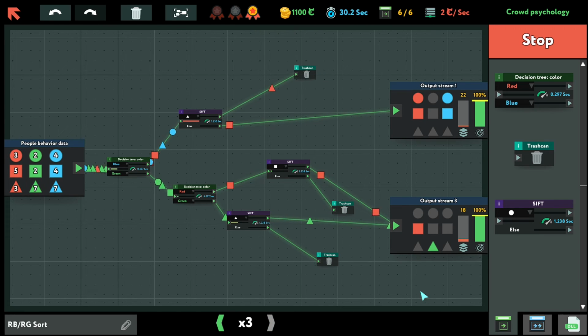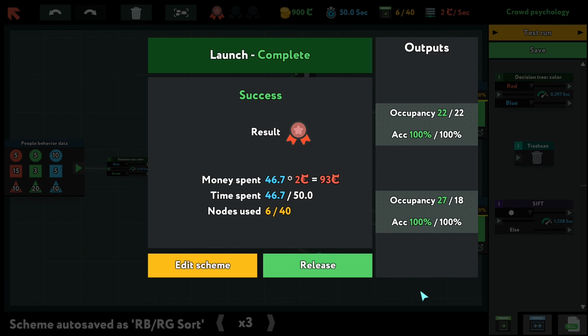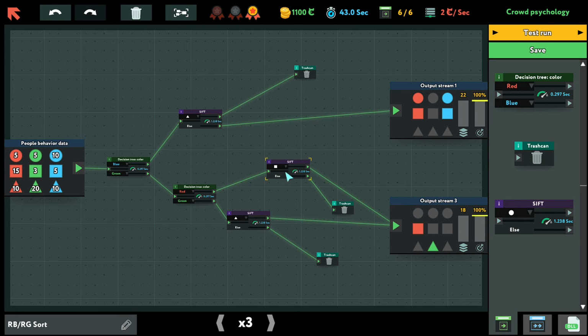Can we make it go faster? Yes, we can. There are definitely ways that I could optimize this more. For example, we could take this output, because this outputs red circles as well. So we could take this else output and sort it again and put just red triangles on the trash and put the red circles here.